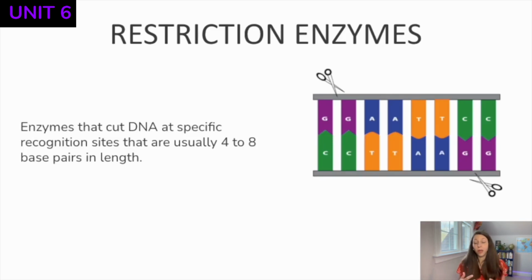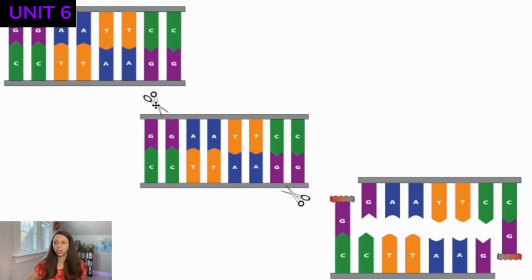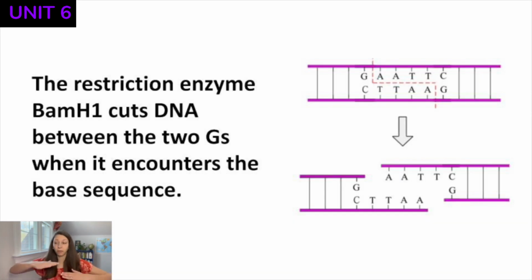Sometimes these are palindromic, meaning they read the same forwards and backwards. But after that cut is made, we'll get what's called sticky or blunt ends at the edges of our DNA. And a sticky end is when we have bases that are unpaired after a cut. So let's see what that means. We'll have our sequence of DNA. The restriction enzyme will recognize a specific sequence and cut along that site to give us two separate fragments of DNA.